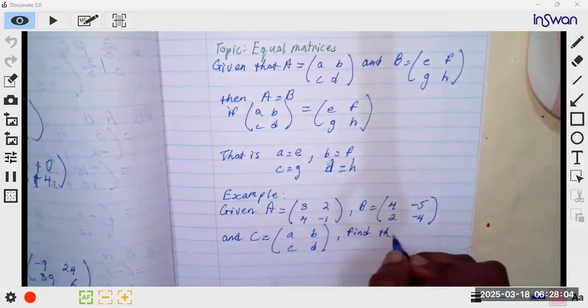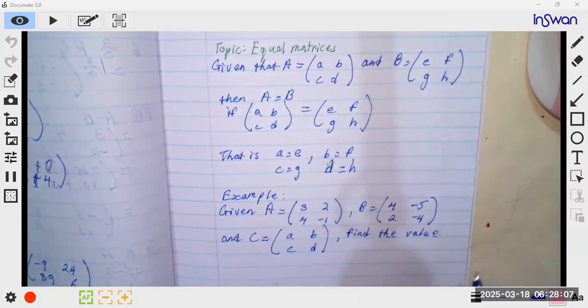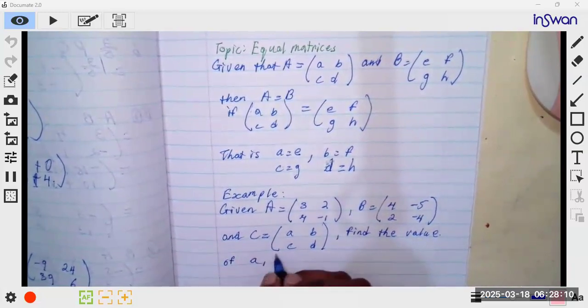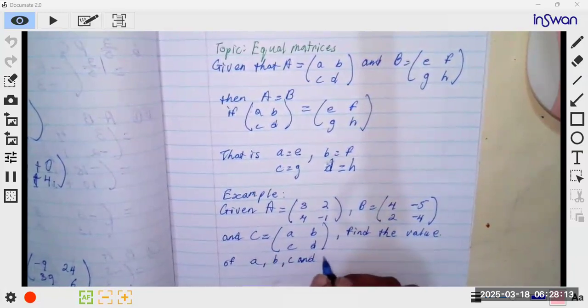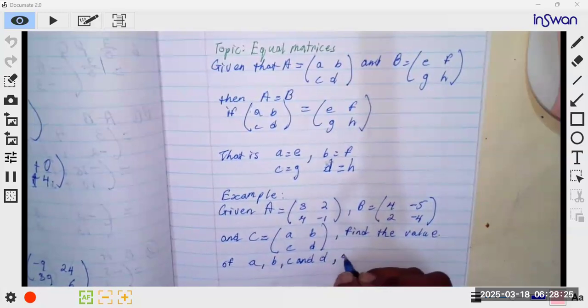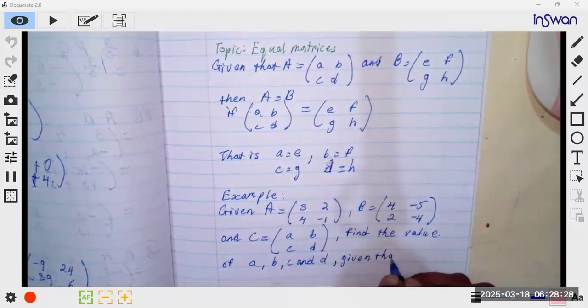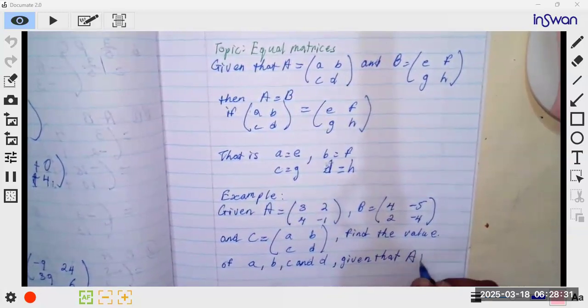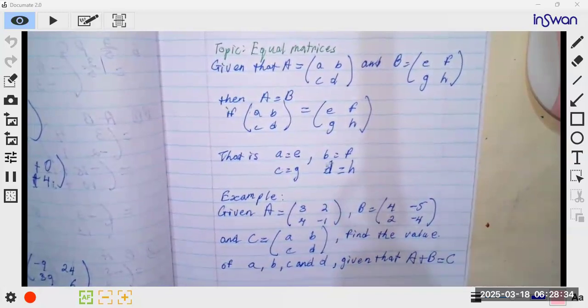Find the value of A, B, C, and D, given that A plus B is equal to C. So it's starting with this.